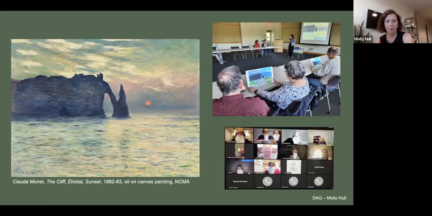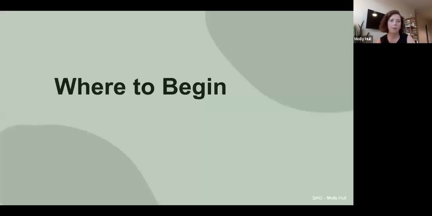So with the remaining slides, I wanted to explore where to begin. And this is a huge hurdle for a lot of people because there's so much to do and there's not a lot of time. Also, cost can be a prohibitive factor because accessibility can take a long time to do, and it can also be costly depending on what you want to do.